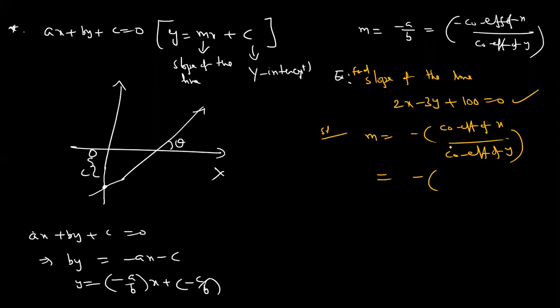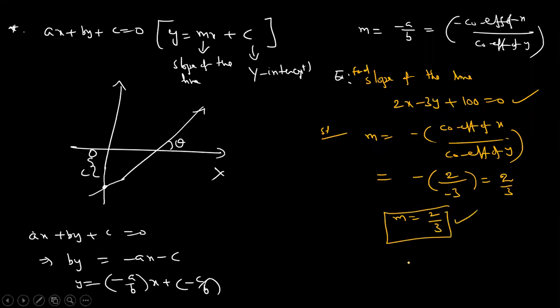Tell me, what is the answer? Coefficient of x is 2. Coefficient of y? So the slope of this line is how much? Yes, correct. m is equal to 2 by 3.